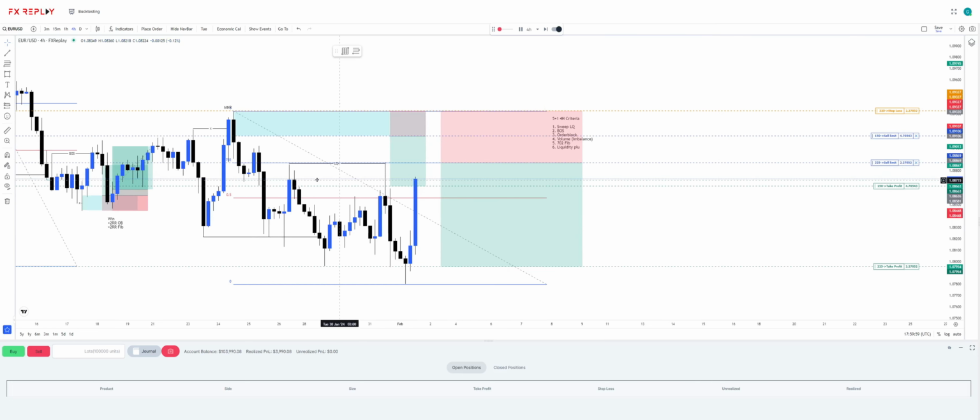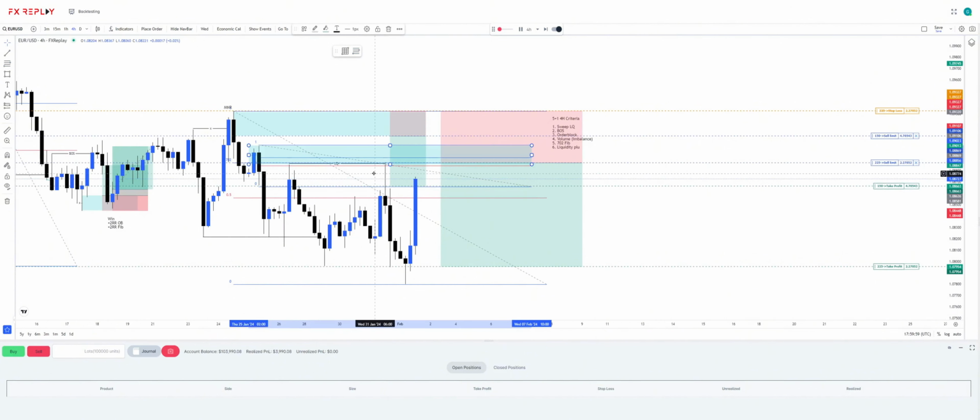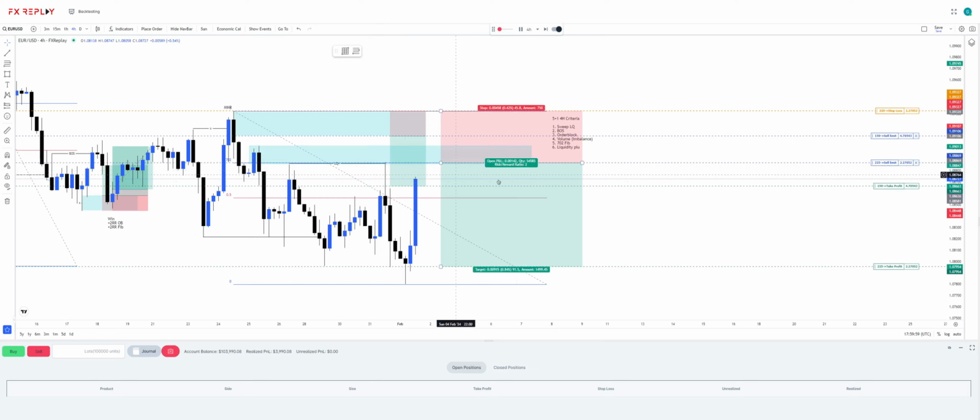Okay, and here as well, this order block here, if we refine this to the 50%, okay, it now pretty much lines up exactly with the 702 fib.